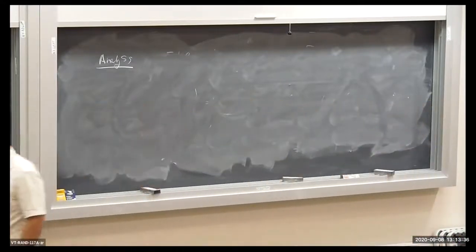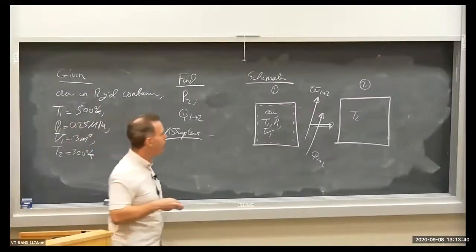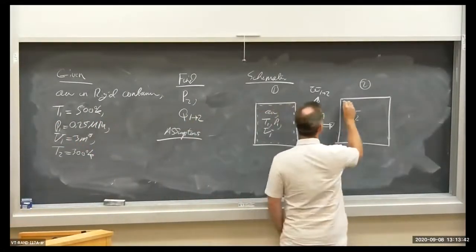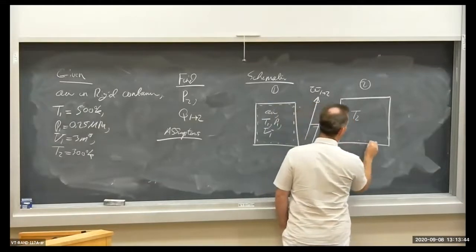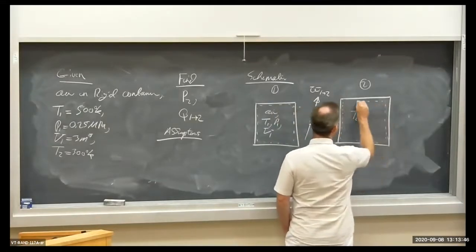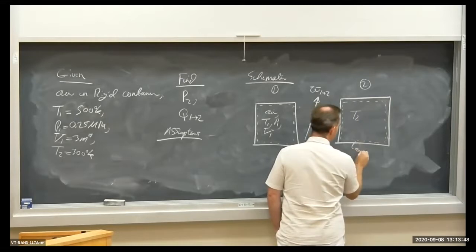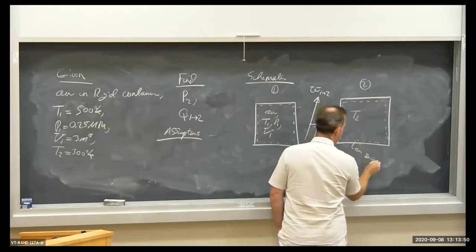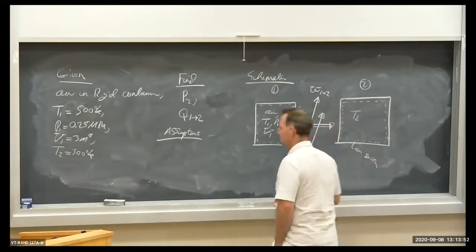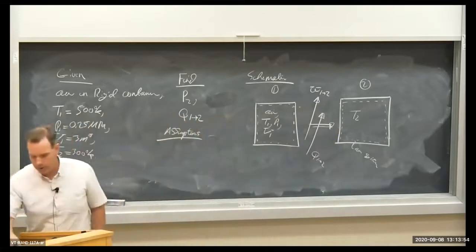By the way, before I get started, let's make sure we define our system here. You need to know what you are applying the energy balance to. So our air is our system. The air inside the container is our system, all right?